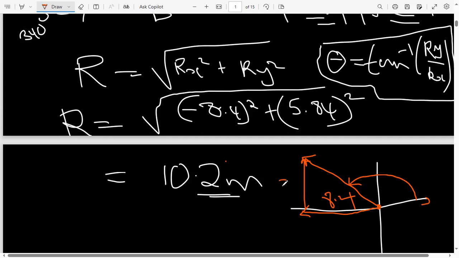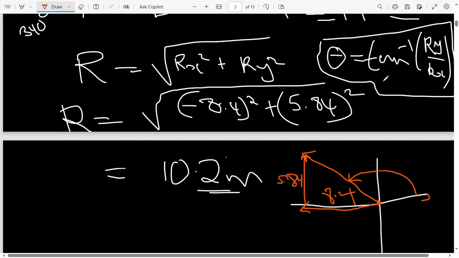Then we know that this is 5.84. Okay, and then from here we can use this formula now. So you can simply use that formula to find your angle. The angle that you are going to find here will be the angle that will be inside there. That's the angle that you are going to find with this formula. But remember, we're interested in the angle from the positive x-axis.